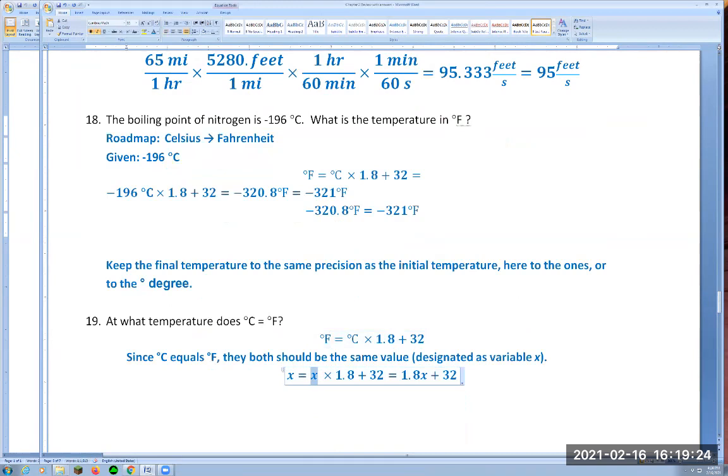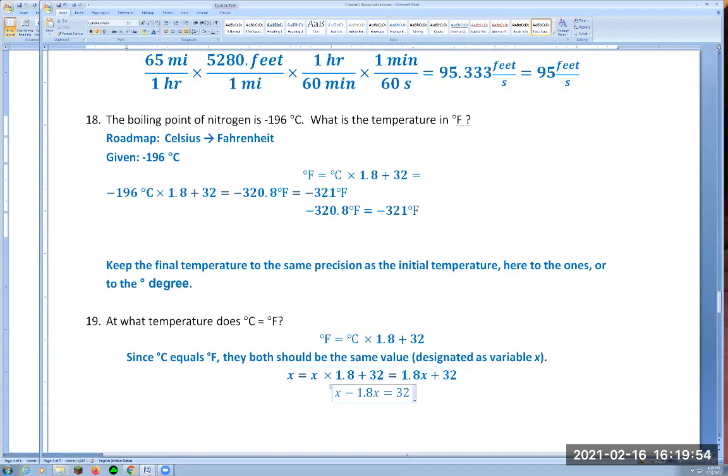And so when we write this more algebraically, it's 1.8x plus 32. If you put the x's together, let's move the 1.8x to the left of the equal sign. So that means you will do negative 1.8x on both sides of the equal sign. So that's going to become x minus 1.8x.